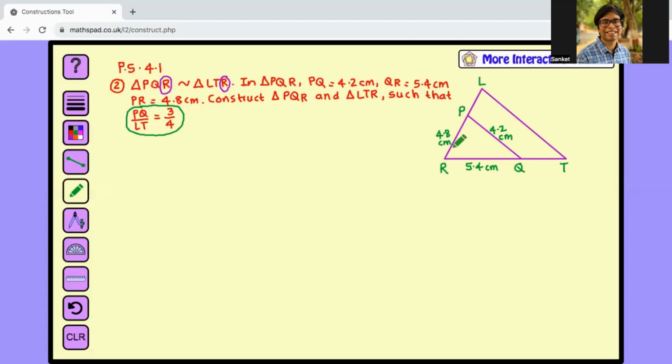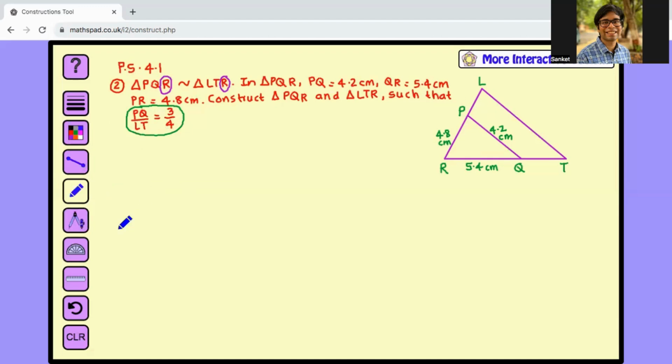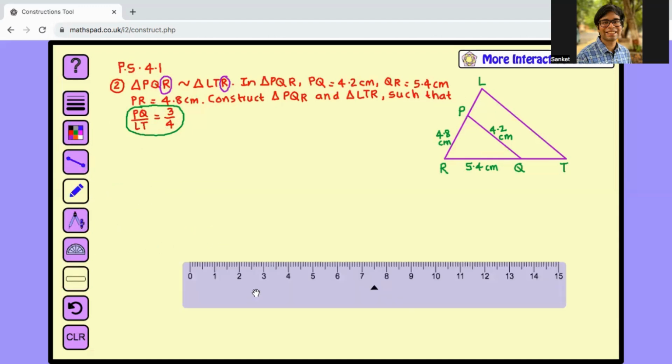I'm going to start by constructing the smaller triangle, triangle PQR. I'll be starting by constructing its base, that is RQ. For that, I'm going to need my scale.